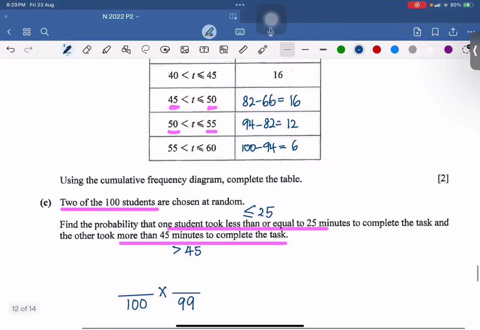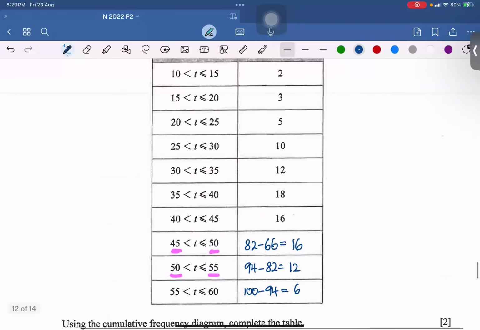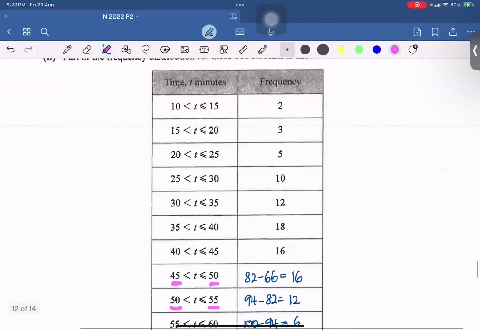Where is less than or equal to 25? Let me look at my interval. Is it just 5 only? It's 2, 3, and 5.